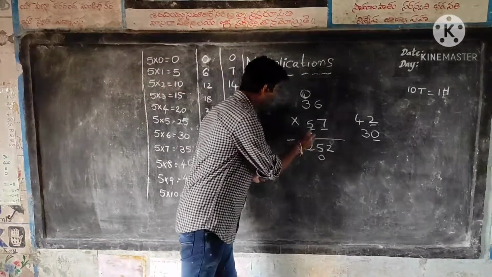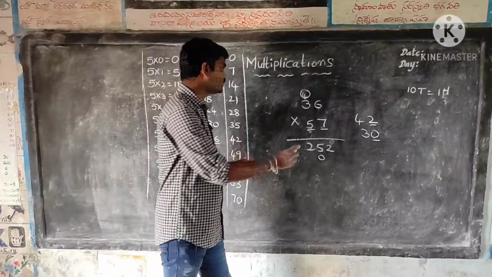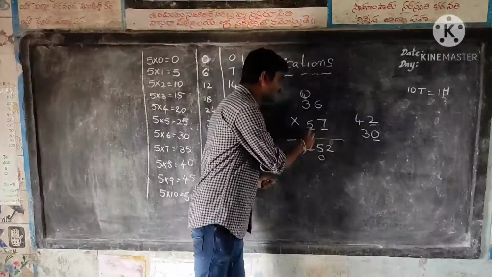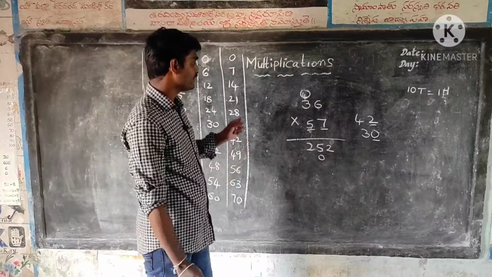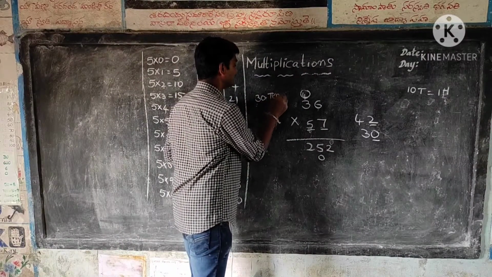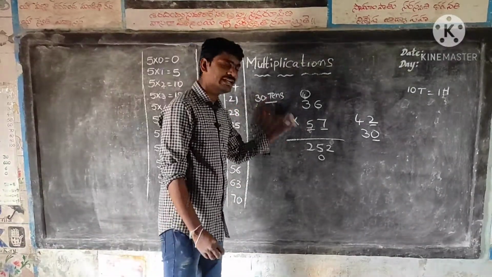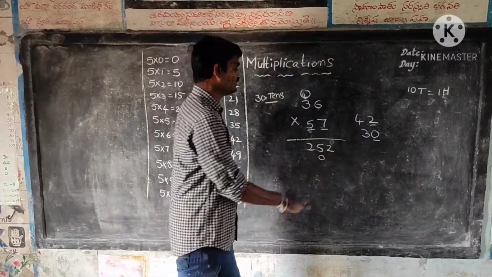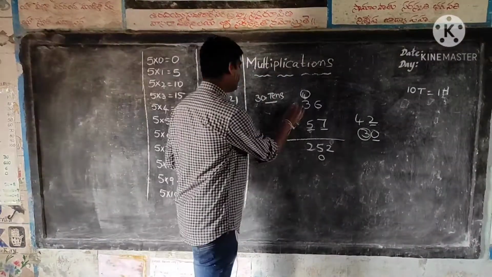Because 5 is in the tens place and 7 is in the ones place. 5 sixes are 30, and this 30 is 30 tens. So you write the 0 tens here and the remaining 30 tens as a carry to the next number.